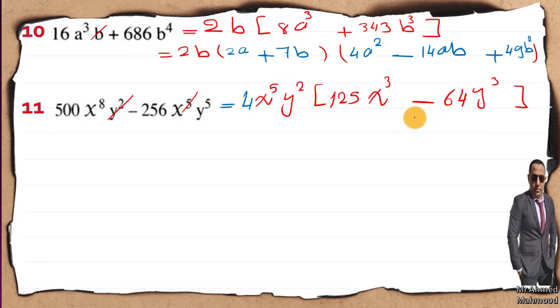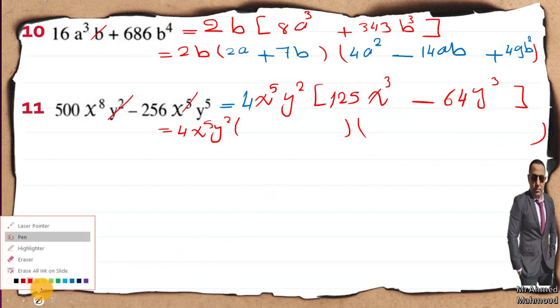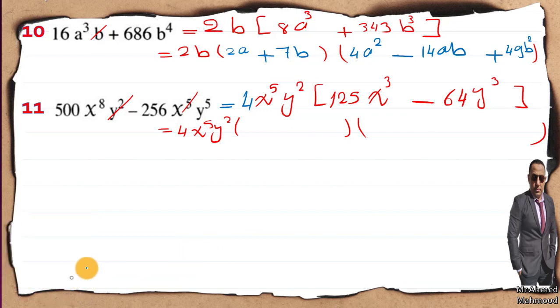So they are a difference of 2 cubes. So I'm going to write down 4x power 5 y power of 2 and open a small bracket and a big bracket. Then distribute the signs. Here minus, its opposite plus, and here always plus.